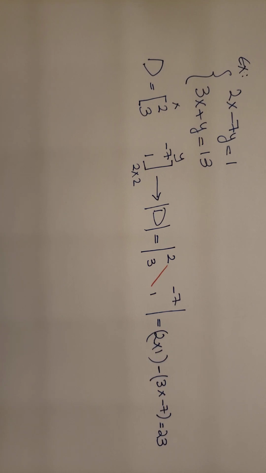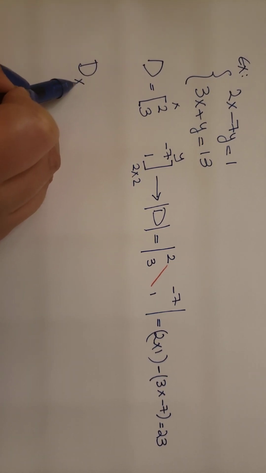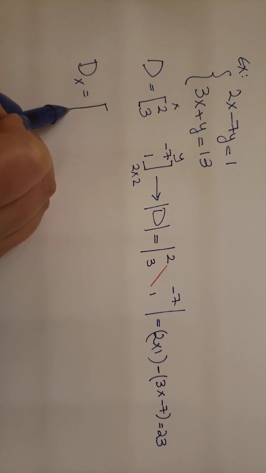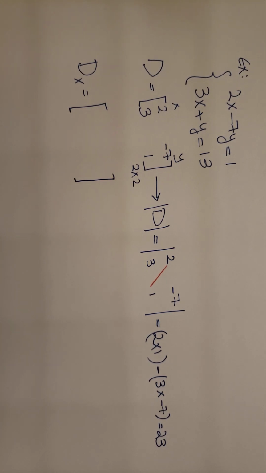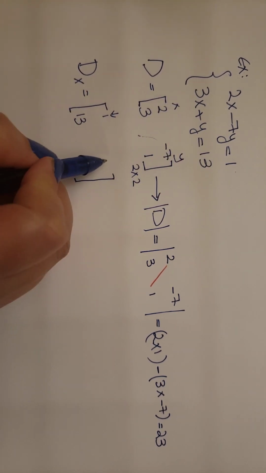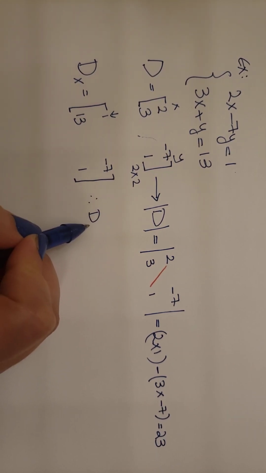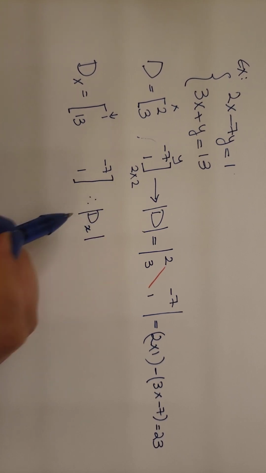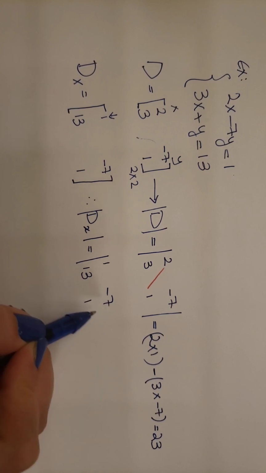Step 2 would be forming the dx matrix. Remember, because we're talking about dx, that means the first column should be substituted with the constants, which are 1 and 13. The second column doesn't change. From here, I would form the dx matrix, which is 1, 13, -7, and 1.